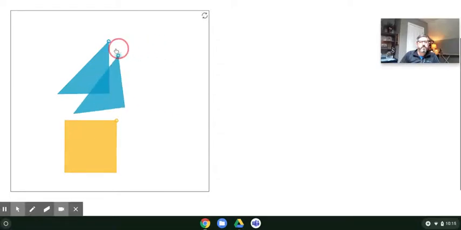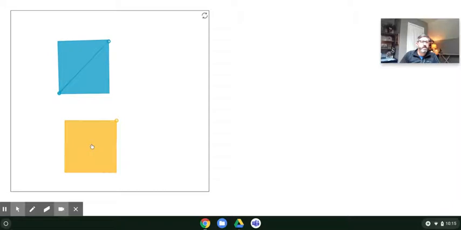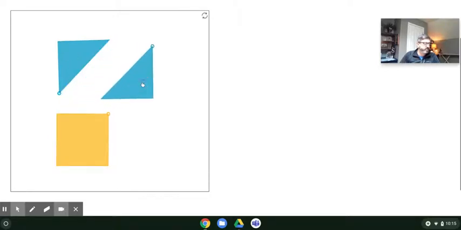So what I'm showing you is, when we can take a shape, and if it fits over top of the other one exactly and matches up, then they have the same area. So the area of this square is exactly the same as the area of these 2 triangles put together. And then also, we can take those 2 triangles and break them apart and make a new shape out of them.